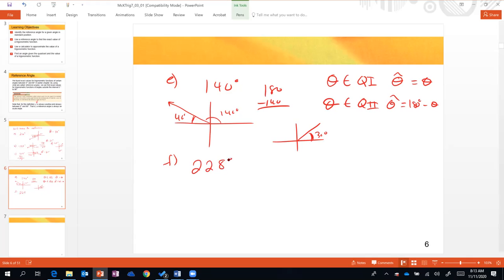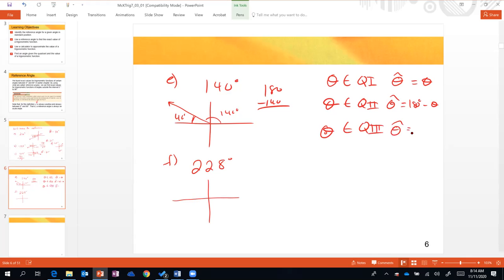Okay, how about 228? So think about the operation you're using to get to that, right? We are in quadrant 3, yeah. And so now we're thinking more of the operation that we're using to get there.